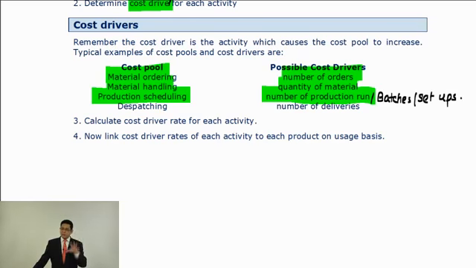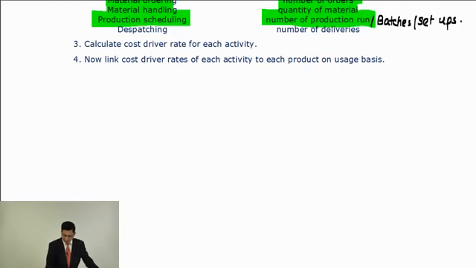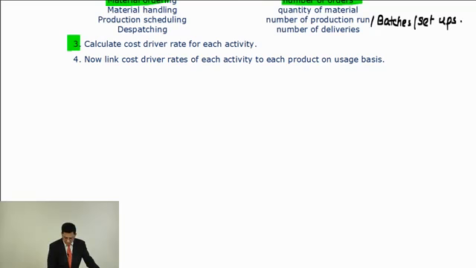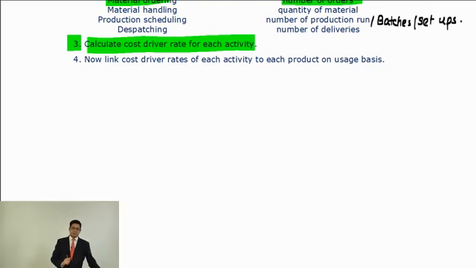What you need to do now is, from step number 3, calculate the cost driver rate for each activity. Cost driver rate is the formula we develop for activity based costing. It is very similar to the overhead absorption rate.